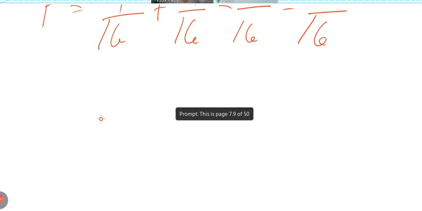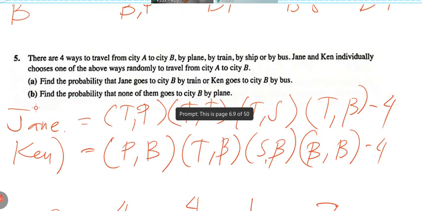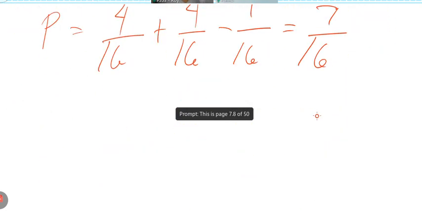Now, moving on, the second question is to find the probability that one of them goes to city B by plane.